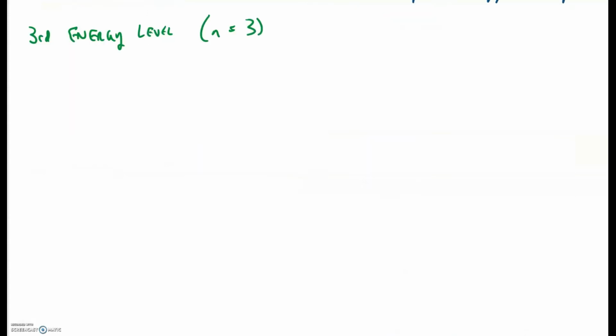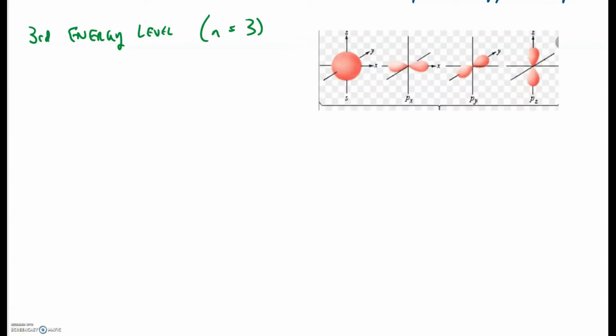At the third energy level, we have our s's and p's, and they look like this. This is our 3s, and here is our 3px, our 3py, and our 3pz. We're not worried about which one of these particular, we just know that there are 3 total. And also at the third energy level, we have a new type of orbital, and it looks like this.